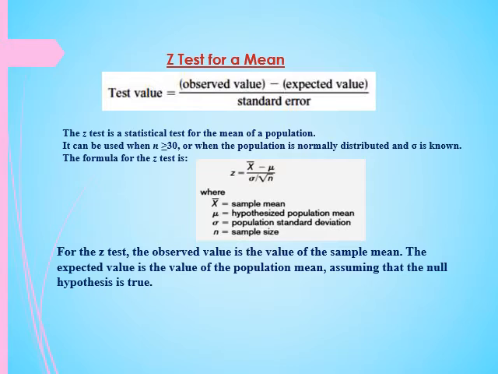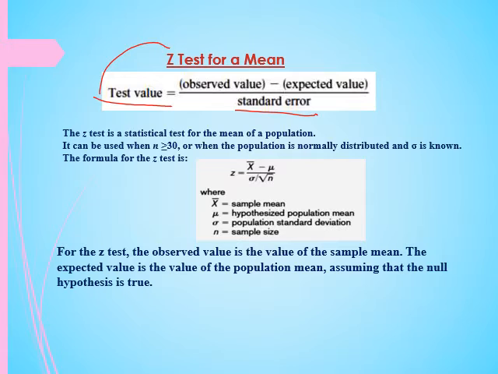Here we have a z-test for a mean. The z value obtained as our test value when using that test is equal to the observed value minus the expected value over the standard error. Note that the standard error is the square root of the variance.